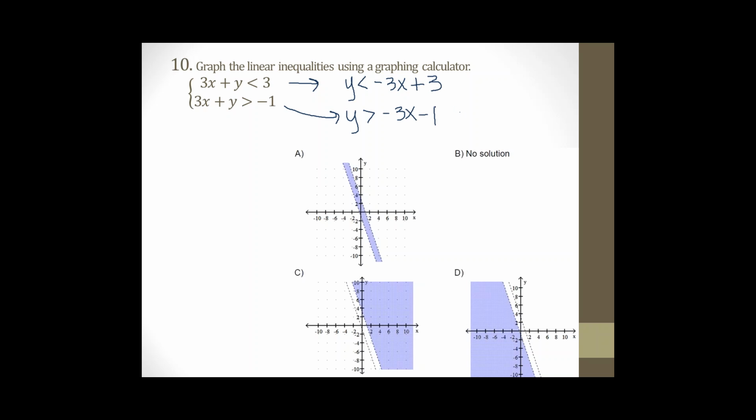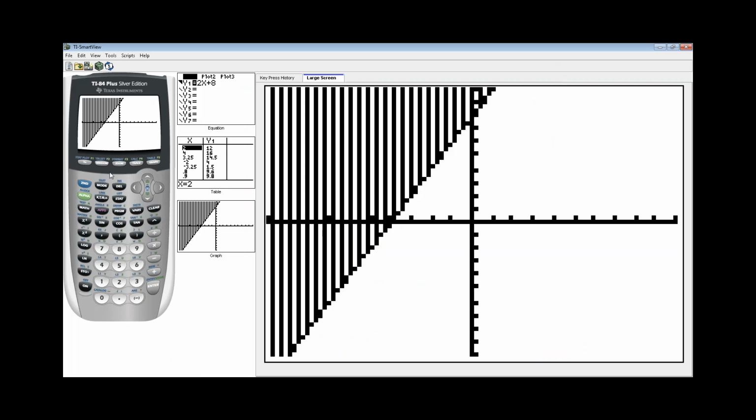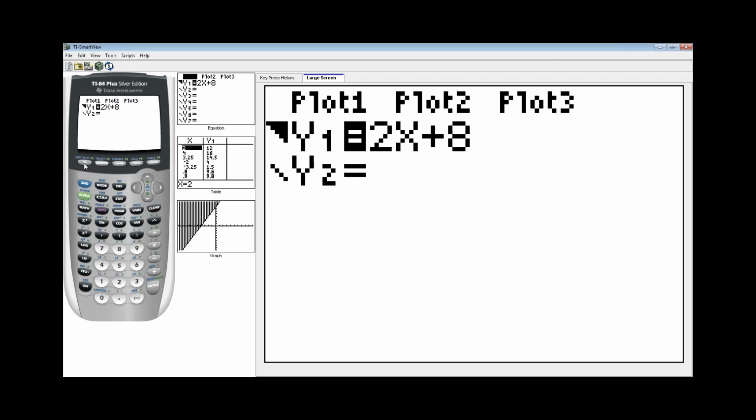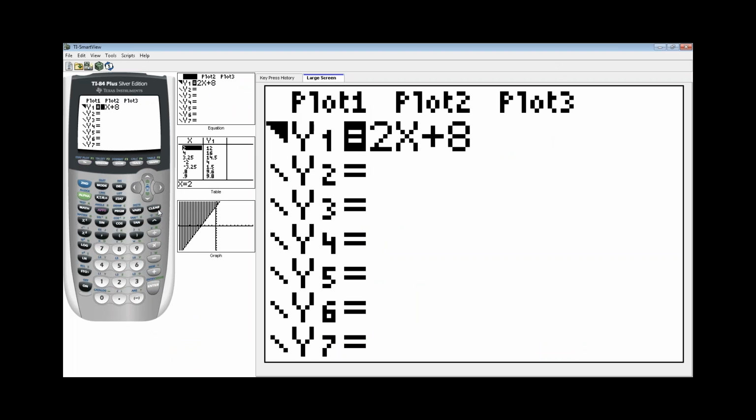All right. So let's go to the graphing calculator. And again, we want to go to y equals. Let's clear this out and put in our new system of inequalities. So we have y is less than negative 3x plus 3.